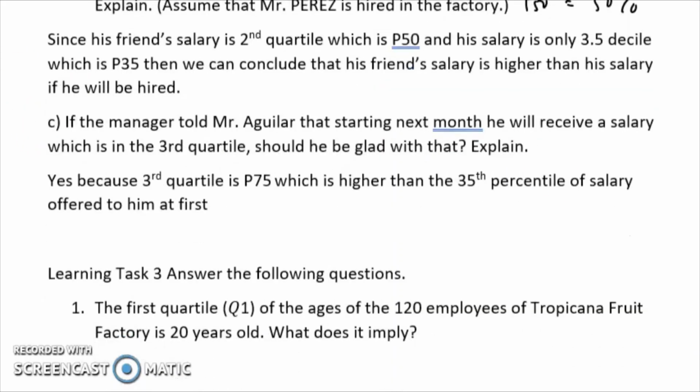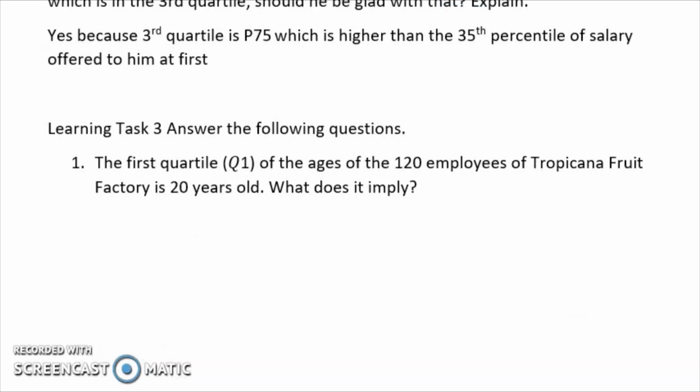Okay? Now, for learning task number 3, the first quartile of the ages of the employees of Tropicana Fruit Factory is 20 years old. What does it imply? Anong ibig sabihin niya? Kung ito ay quartile 1, ibig sabihin 25%.